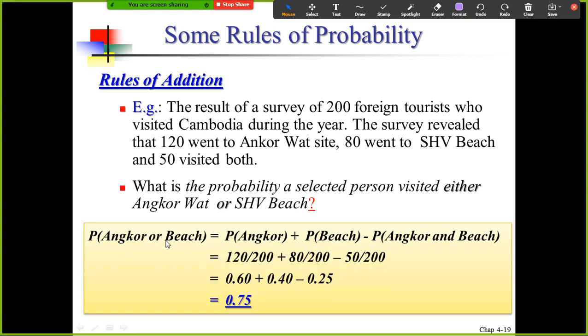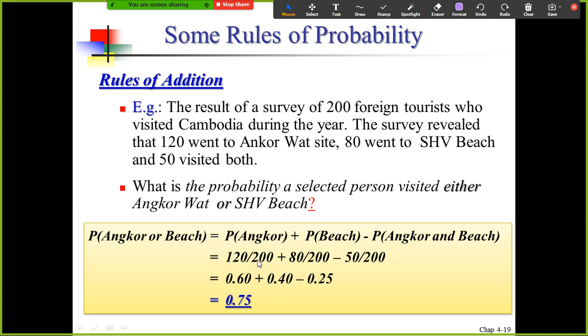Based on our formula, we need to find the probability that one foreign tourist went to visit Angkor Wat or the beach. It comes from the probability of Angkor Wat plus the probability of beach minus the probability of Angkor Wat and beach together.